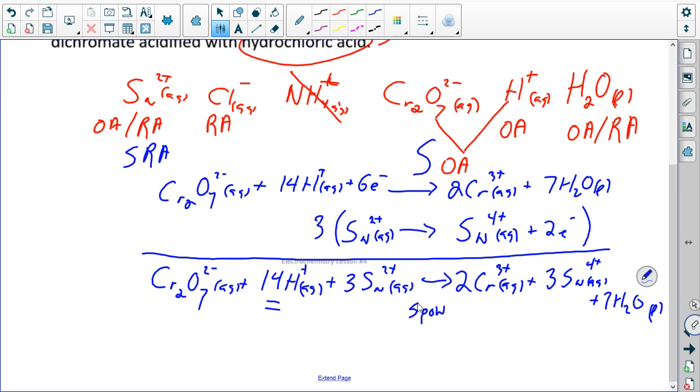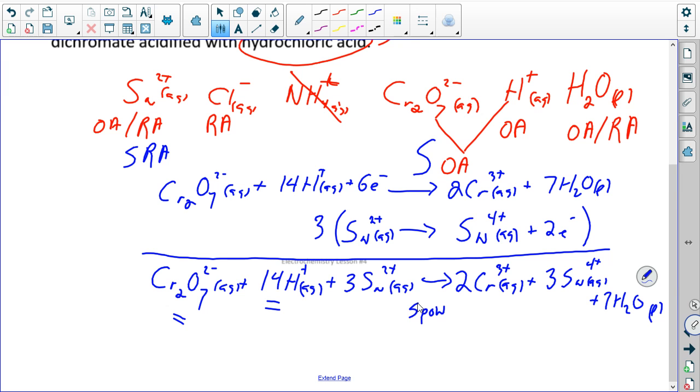So I'm using up the dichromate. What's going to happen to the color of the solution if I'm using up the stuff that's making it orange? It's going to become less intense or less orange. So in this case, we would see a less intense orange color.